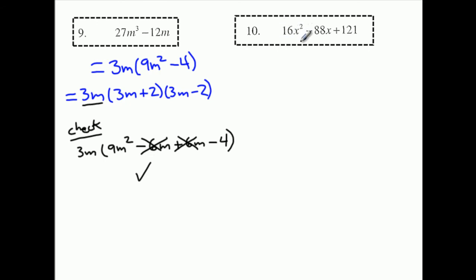So you can get 16x squared from 4x squared, and then you can get 121 from 11 squared. But we need this sign to be negative.